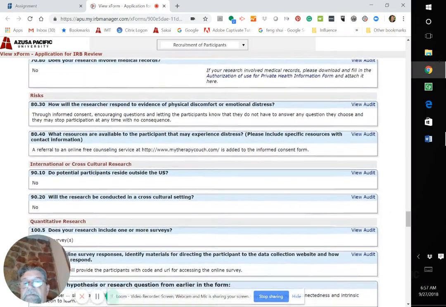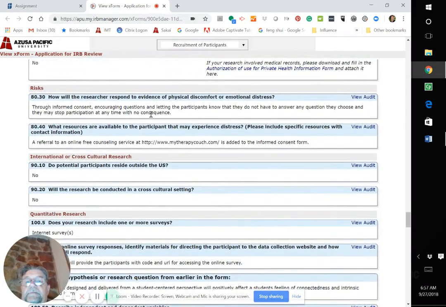Where is that on this one? How will the researcher respond to evidence of physical discomfort? Through informed consent, encouraging questions, and letting participants know that they do not have to answer any questions they choose and may stop participation at any time with no consequence. Just because our experiments aren't going to be physically taxing, or we don't think they're going to cause any issues, we have to pull back from our perspective and look from the perspective that somebody could get hurt, and what we're going to do if there is discomfort felt.